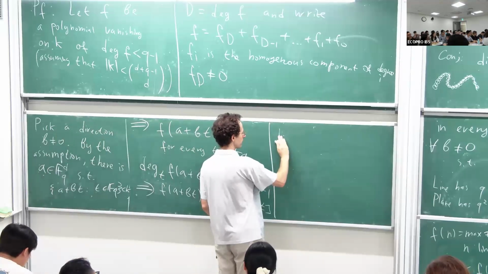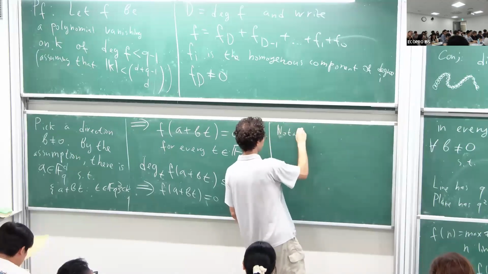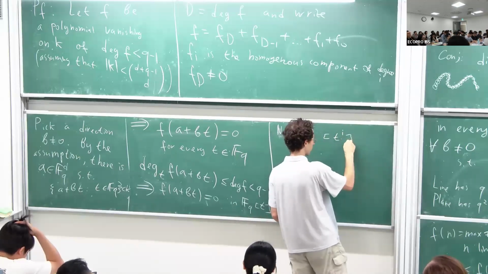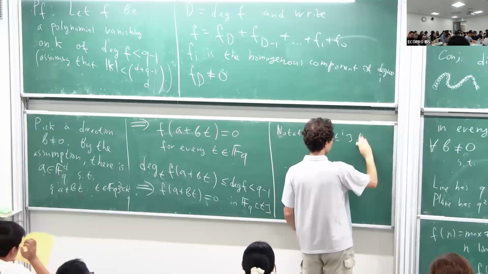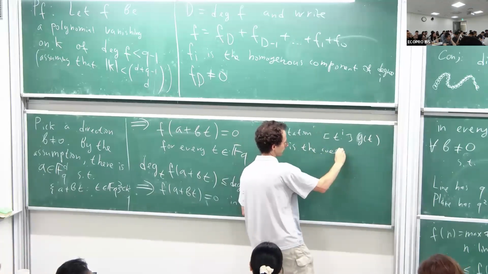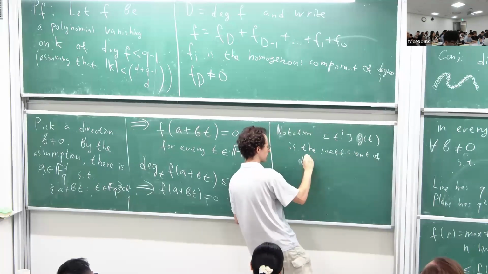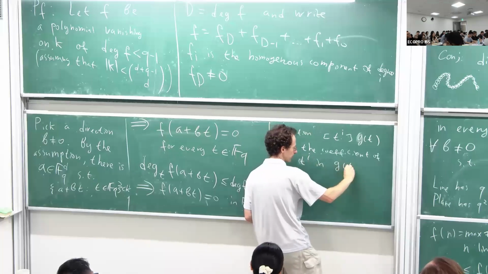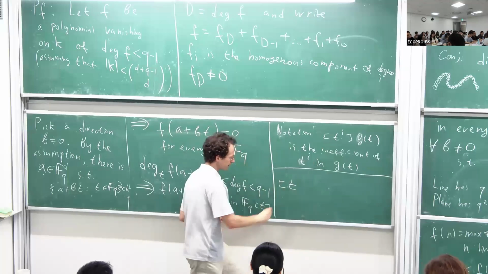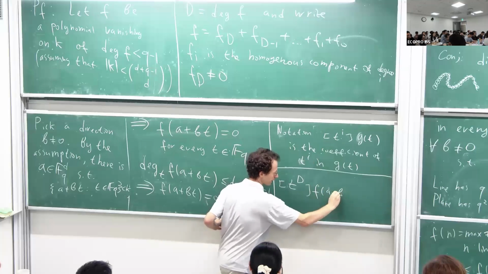Let me make a small aside on notation: c_i of g(t) is the coefficient of t to the i in g(t). So I'm going to look at the highest degree coefficient of this.